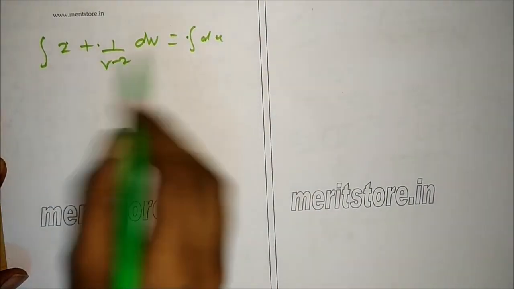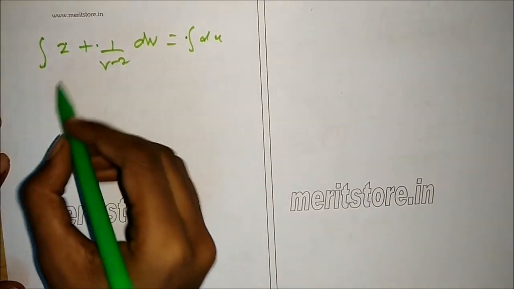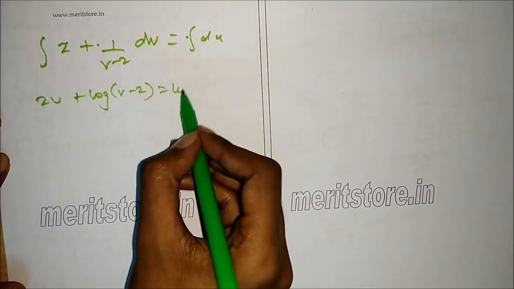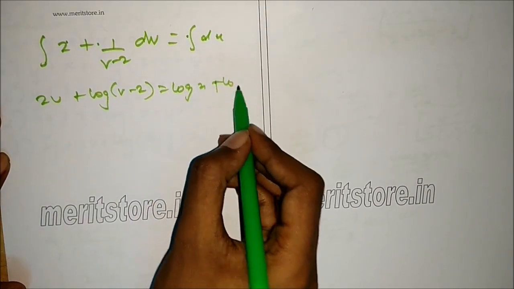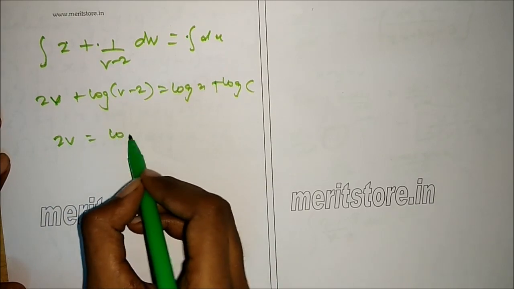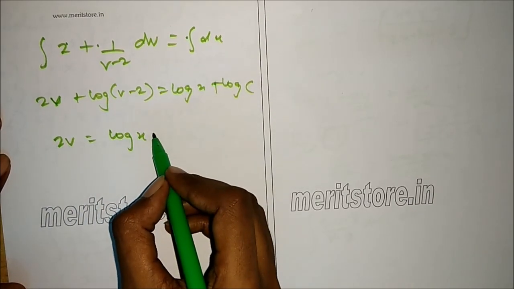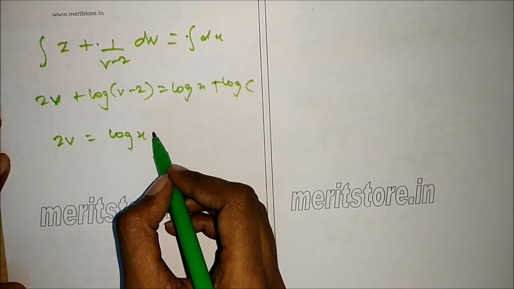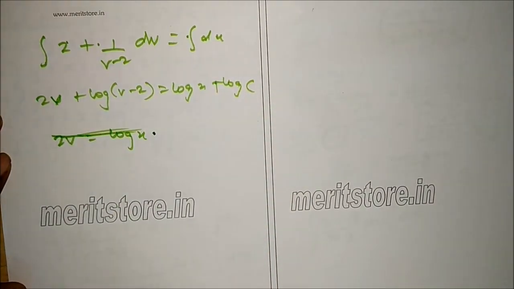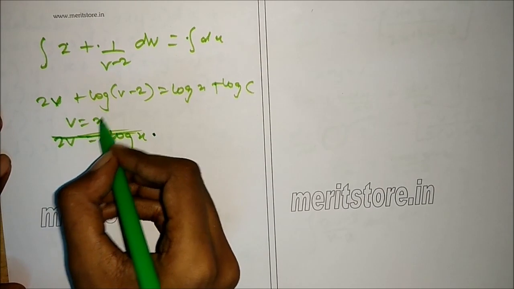So integrating the terms, we get 2v plus log of (v minus 2) is equal to log of x plus log of c. Now we resubstitute v equals x plus y.